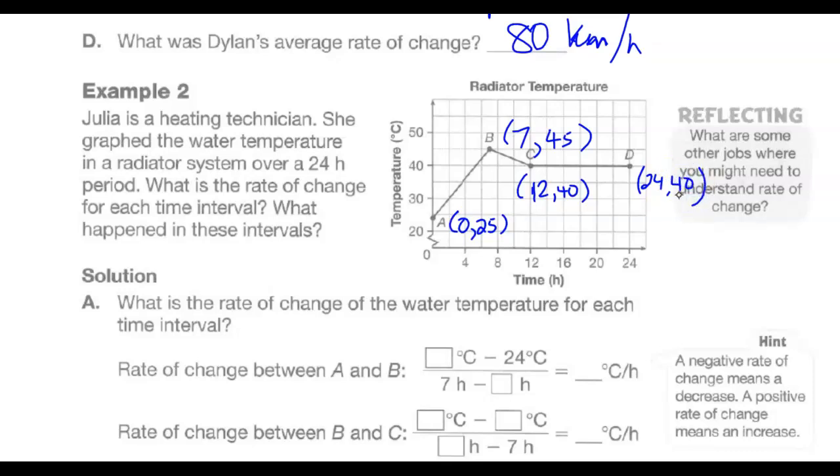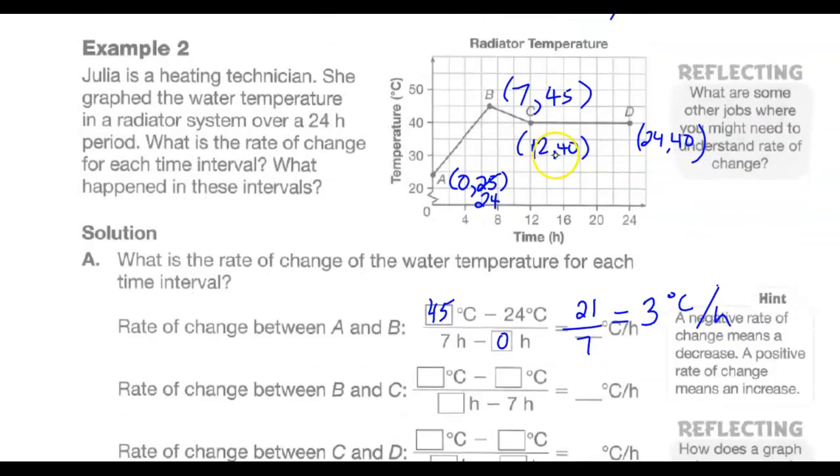So the rate of change between A and B is 45. Oh, this says 24 here. So yeah, it's a little below 25. So this is telling us more exactly. So 24. And then 7 minus 0. So that's 21 over 7. 7 goes into 21 3 times, so 3 degrees Celsius per hour.